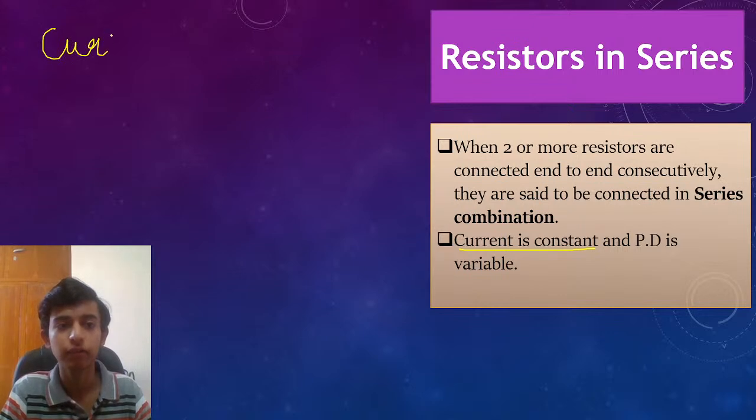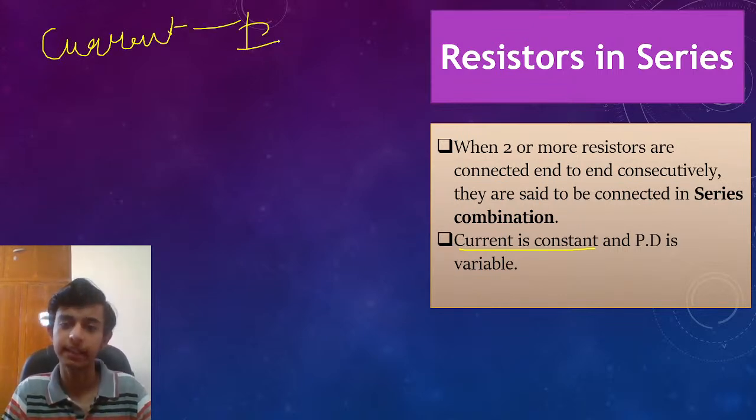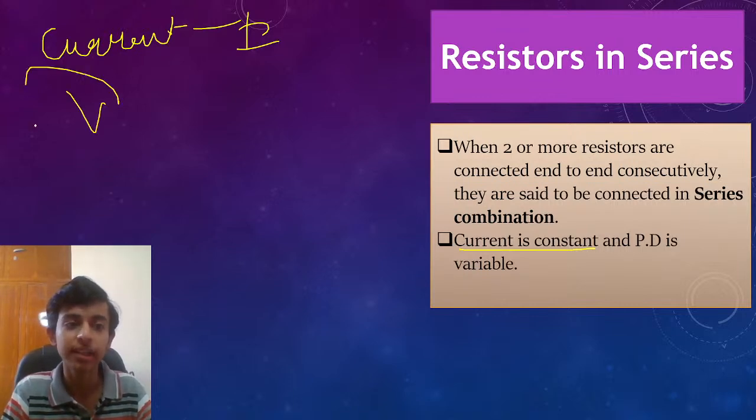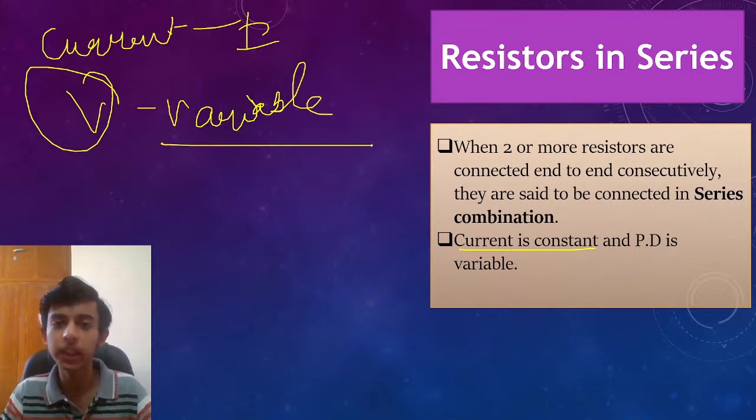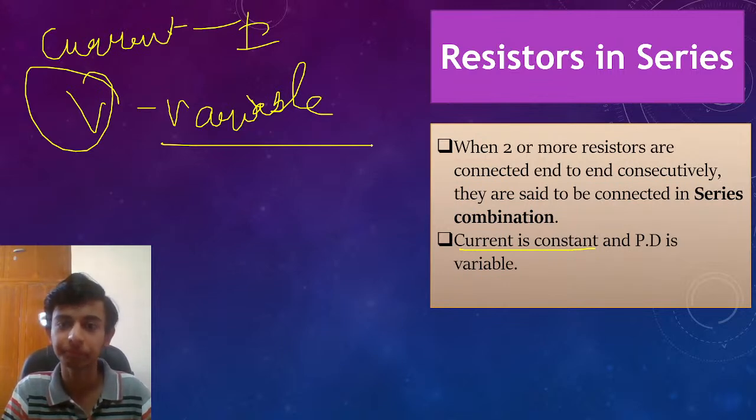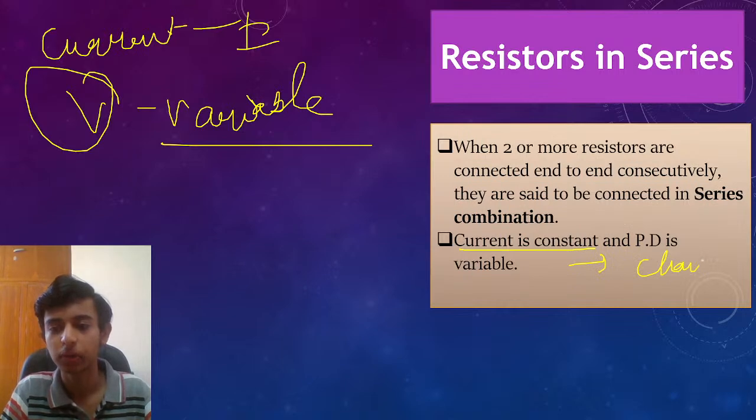The current which will flow, that is your I, will remain constant, but your potential difference will be variable. Current will remain constant throughout the circuit, but your potential difference can vary, it can change.